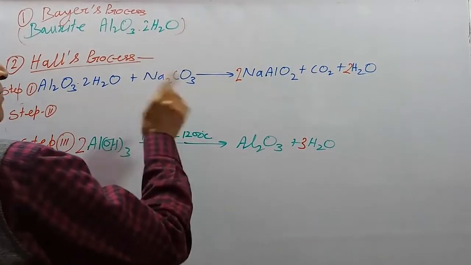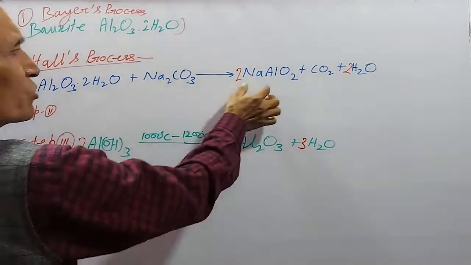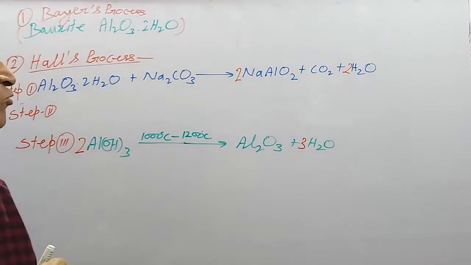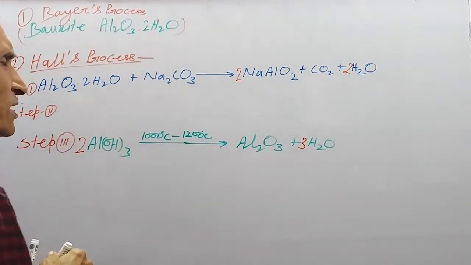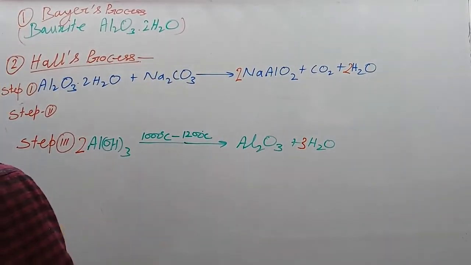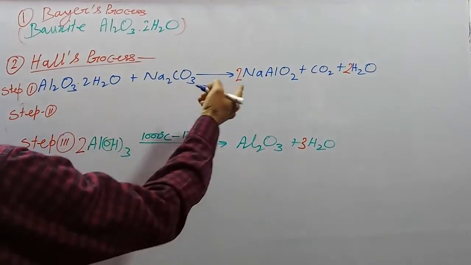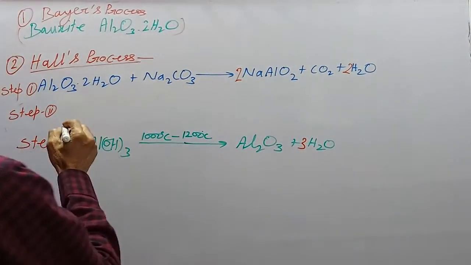If a small amount of this sodium meta-aluminate is now extracted in water, it goes into the solution, and the solution is heated to about 60 degrees centigrade temperature and carbon dioxide gas is passed.